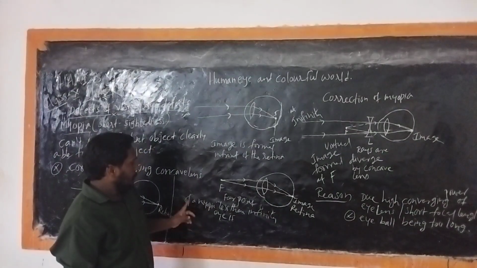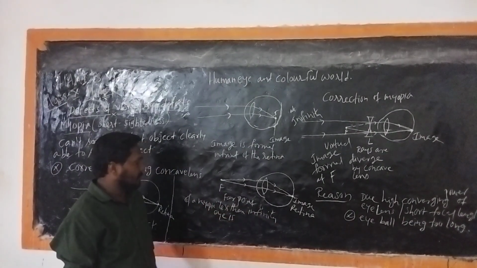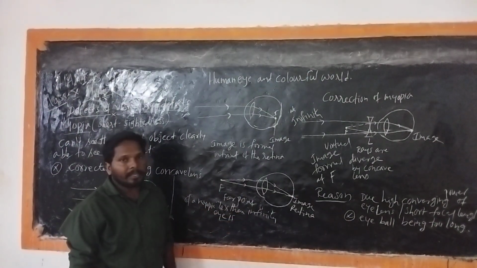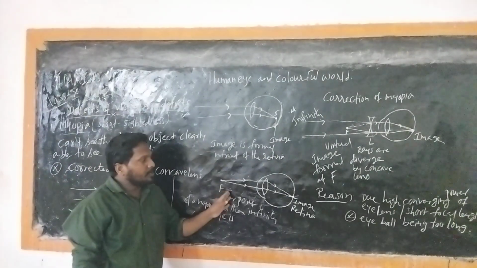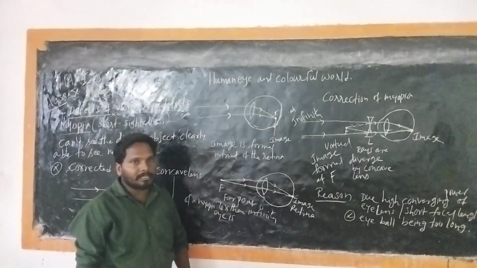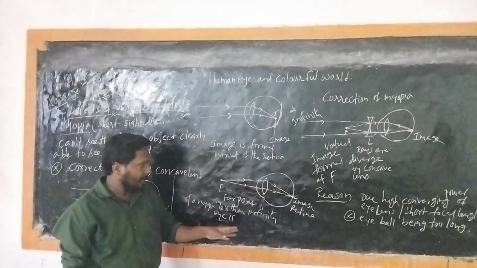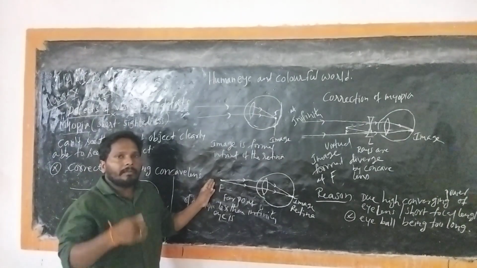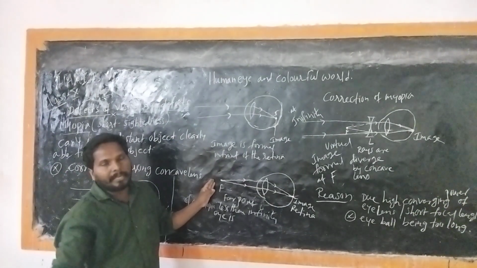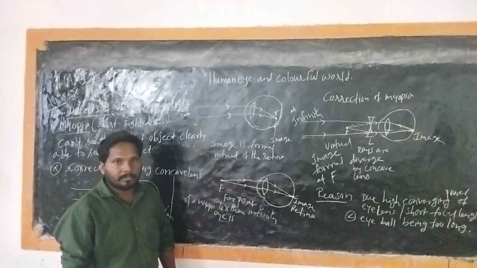The far point of a myopic eye is less than infinity. So to see the image of an object clearly, the object must be placed before the infinity point, that is, before the far point.